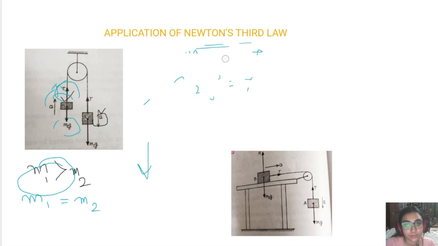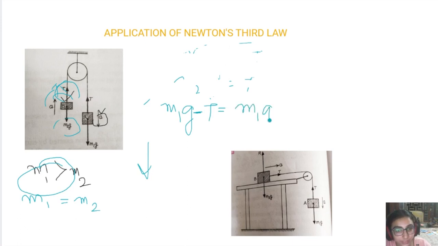So basically now the modification will be that since the net motion is downwards, we can write it as M1G minus T equals M1A, right?